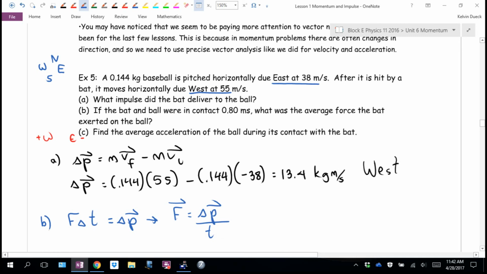I chucked the delta in front of the time because time is always a change in and I get lazy that way. The impulse was 13.4. I'll use my answer button on my calculator. Was it exactly 13.4 or did you round off? Yeah, so keep that number on your calculator, use the answer button. Time.